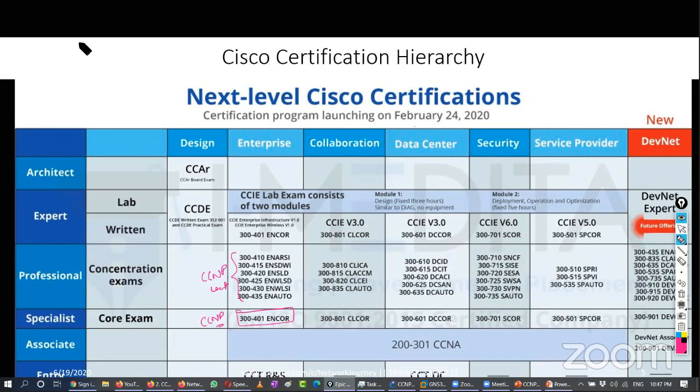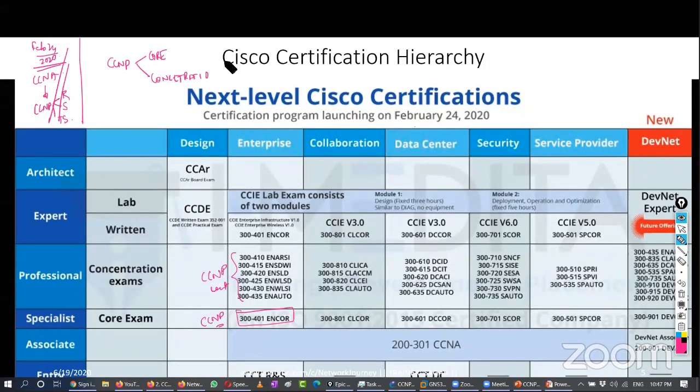Until February 24, 2020, we were supposed to do CCNA first, and then CCNP. CCNP used to consist of three different papers: routing, switching, and troubleshooting. This whole concept has been removed now. At present we can do CCNP very straightforwardly. There will be two papers. The first is called the core paper, and the second is called the concentration paper.